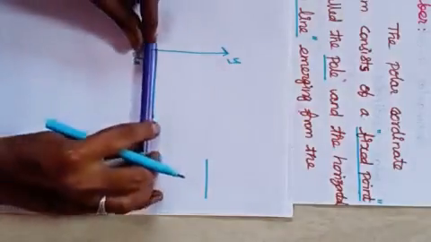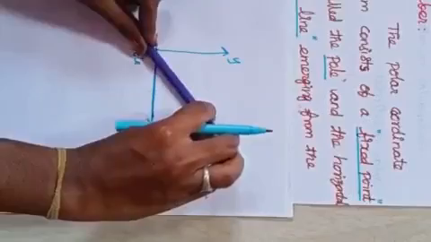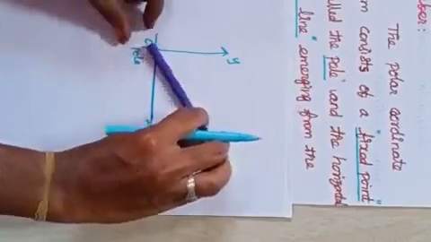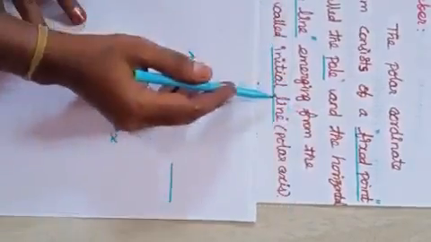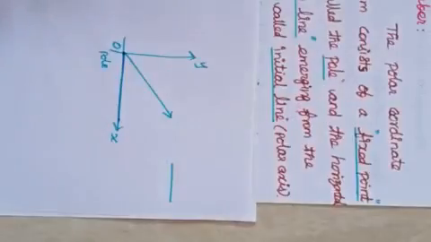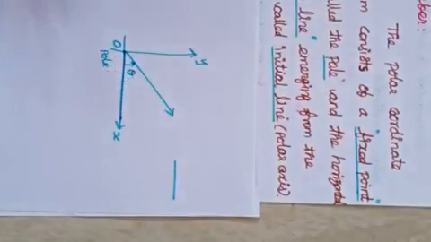For example, this is a half line increasing from the pole. So that is called the initial line. It makes some angle. Take it as theta.